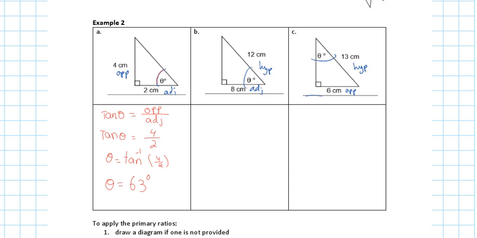Anytime you're looking for an angle, you're going to do the inverse operation. Are we okay with this?